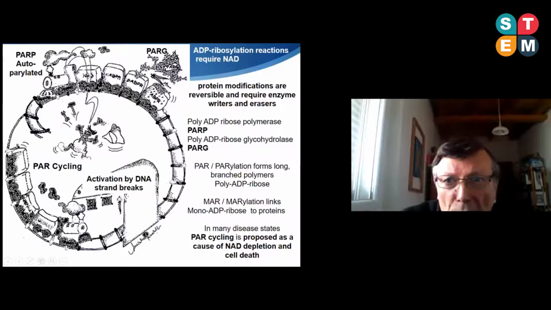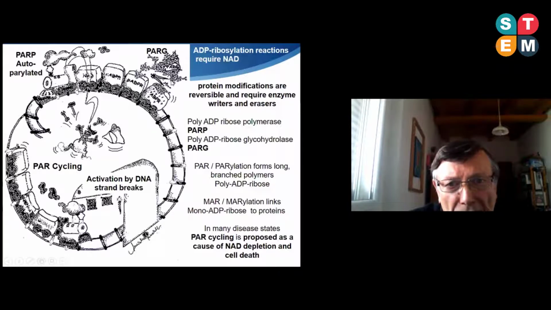Coming to the ADP-ribosylation reactions, these reactions are reversible, so they require enzyme writers and enzyme erasers. In this case, poly-ADP-ribose polymerase is activated by DNA strand breaks and auto-modifies itself, and this is the PAR cycling.